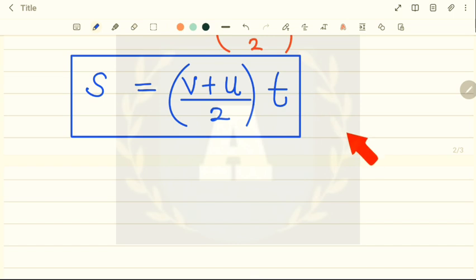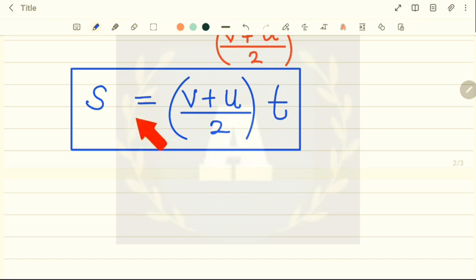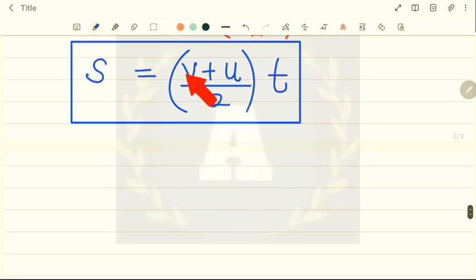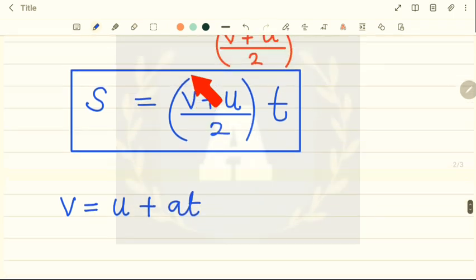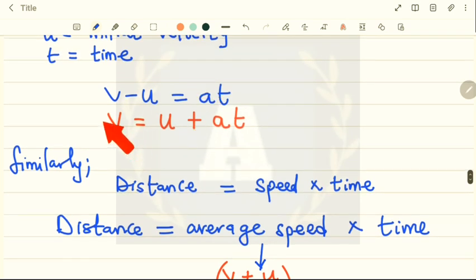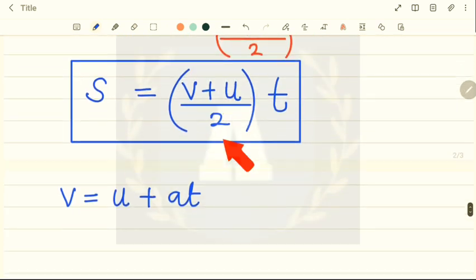So now we have derived that v is equal to u plus at. From this equation, v equal to u plus at, we can substitute for v in this prominent equation.